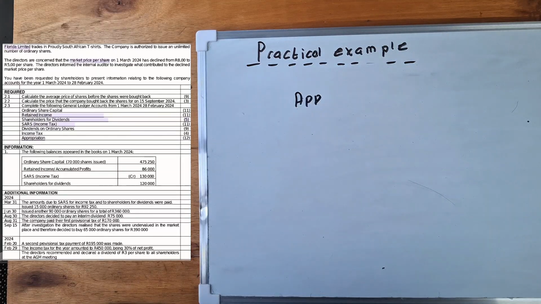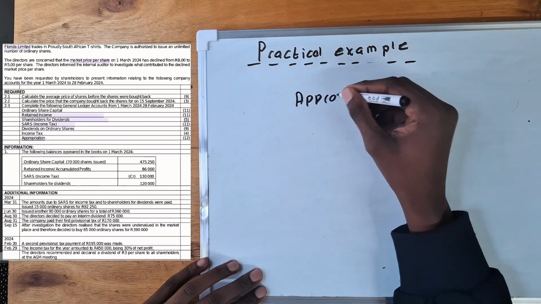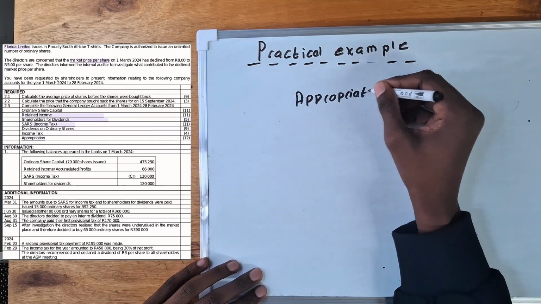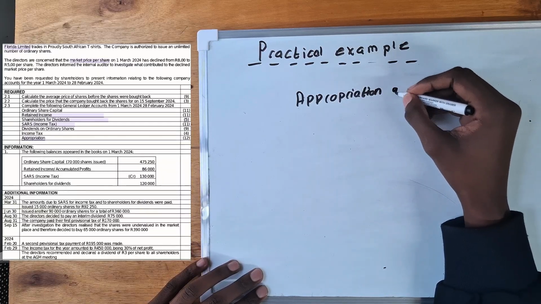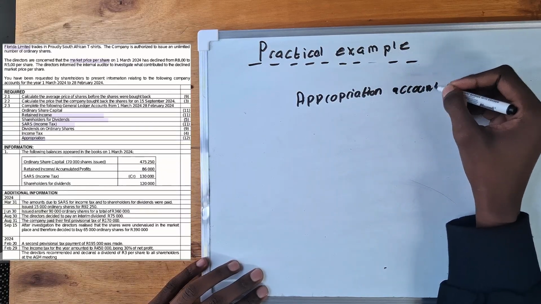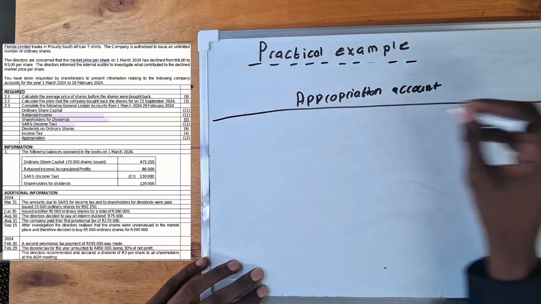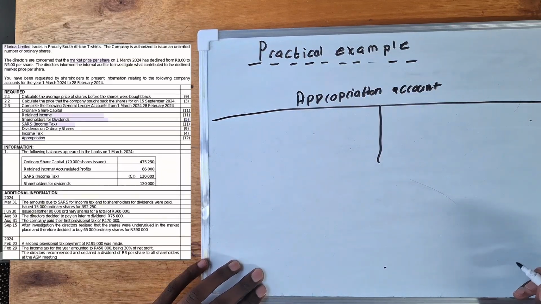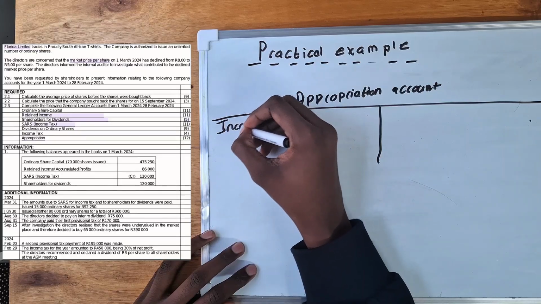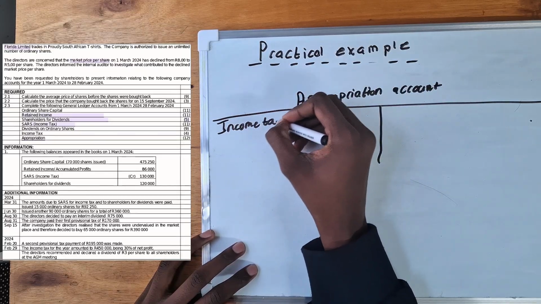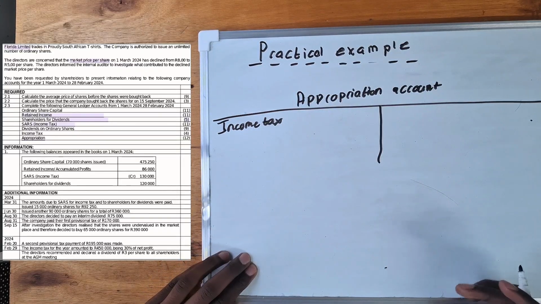It is the appropriation account. Right? We draw the ledger and we now get into business. We first write our income tax as indicated in the formulas that I've given.